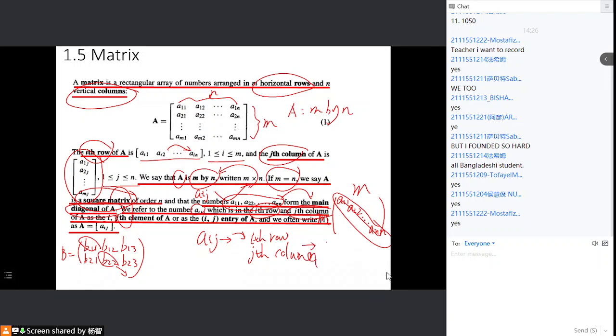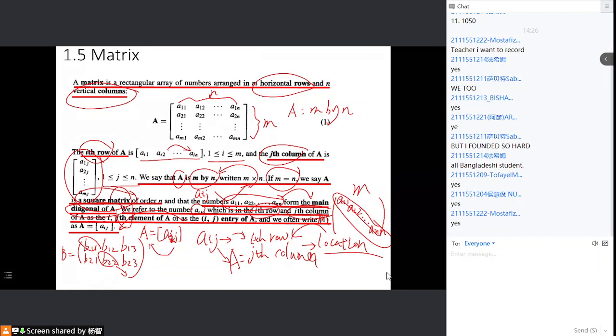This is its location. Sometimes we also use A equal to a matrix of elements Aij to represent the matrix.